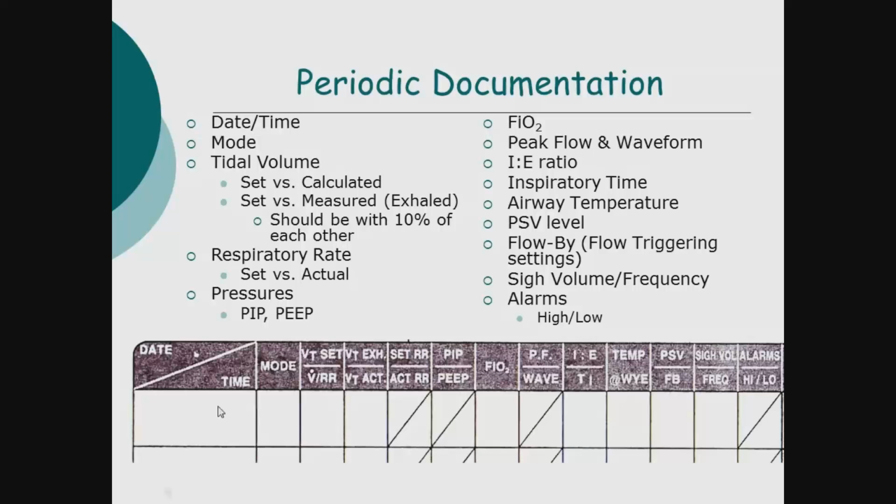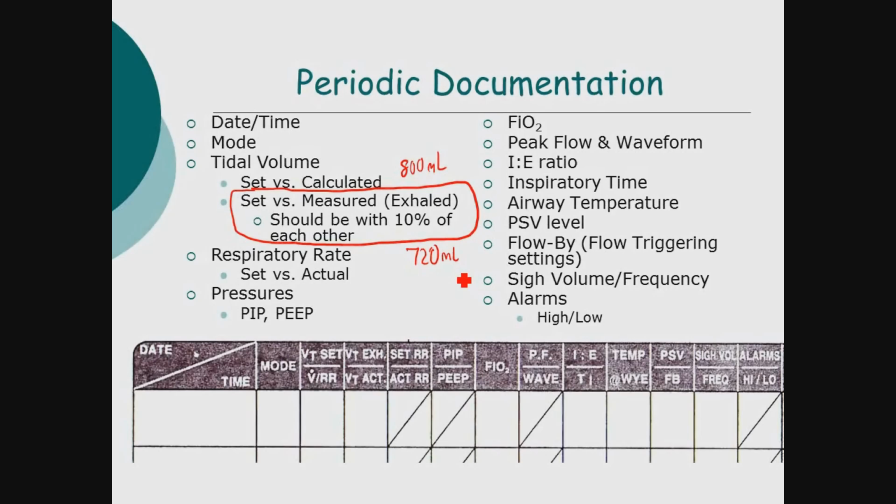One key point here, looking at the delivered tidal volume: the tidal volume that we have exhaled should be within 10% of what the set volume is. So in other words, if I'm putting in 800 milliliters as my set tidal volume, I should see at least 720 milliliters coming back. There's a little bit of give there.